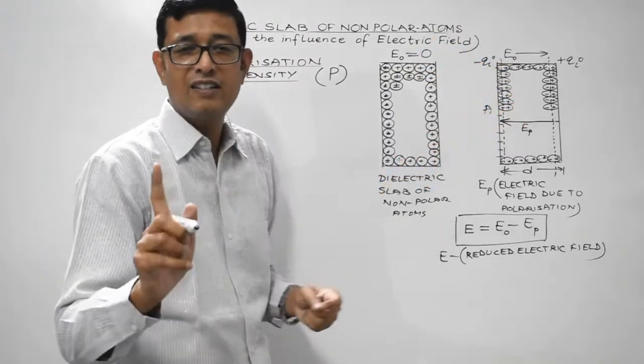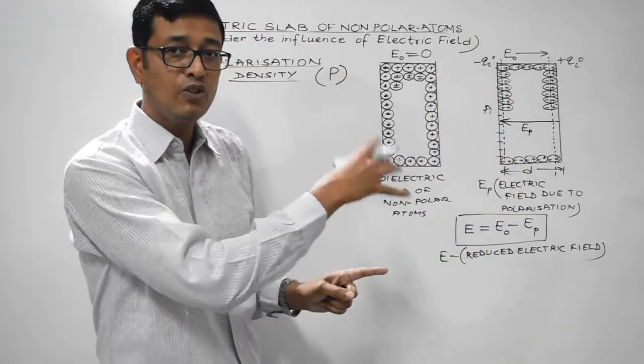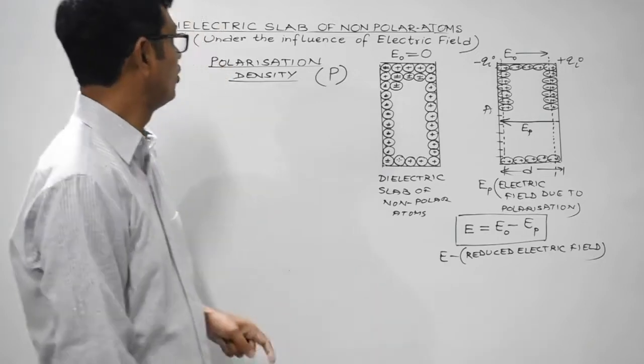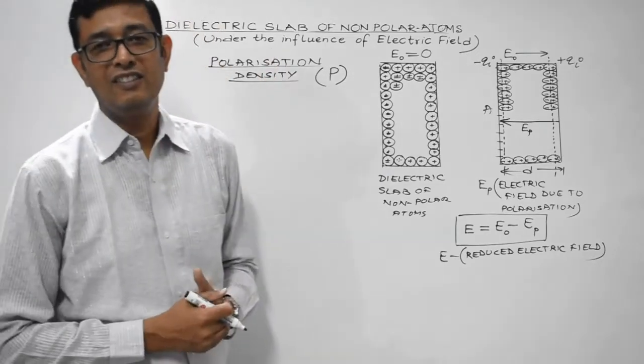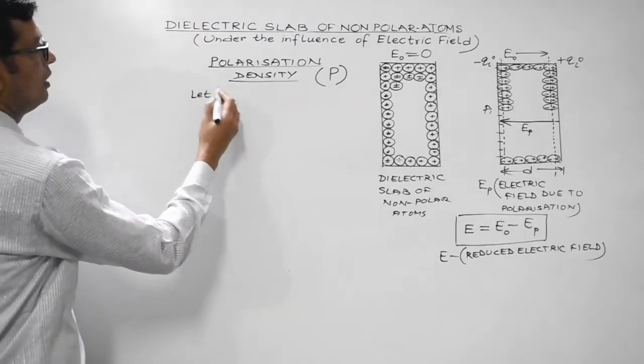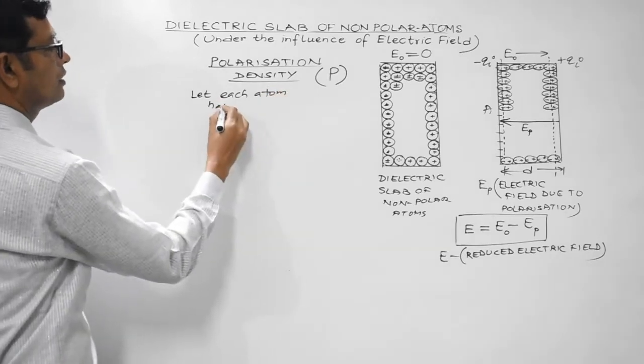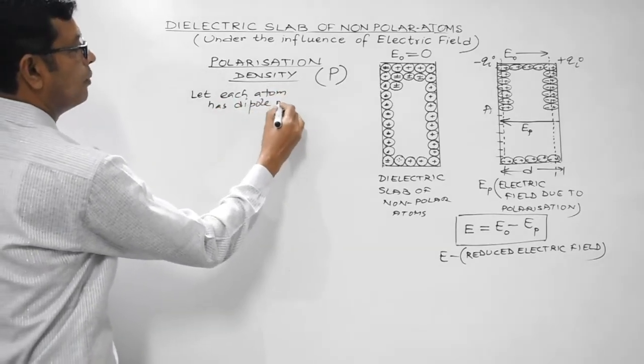So the net dipole moment induced in the entire dielectric slab per unit volume is known as polarization density, right? So suppose each atom has dipole moment p.